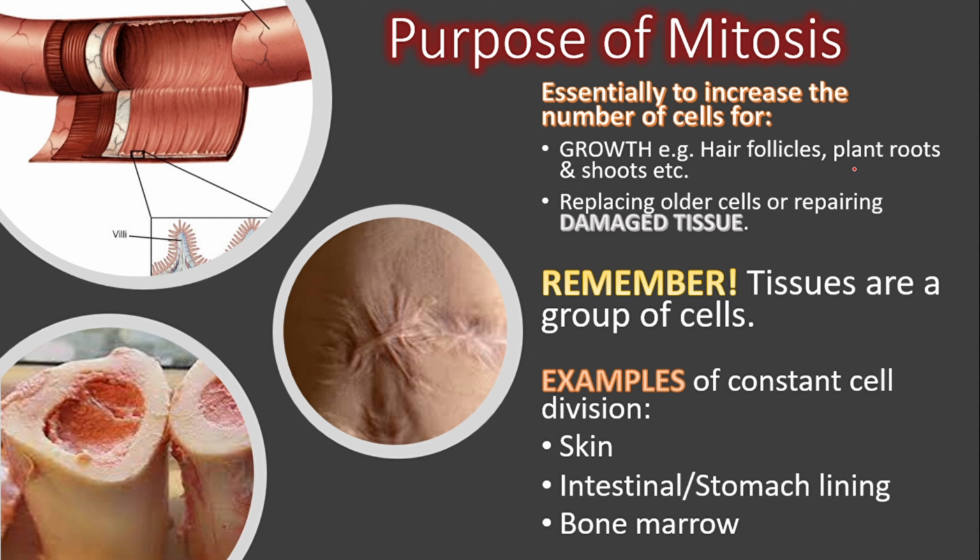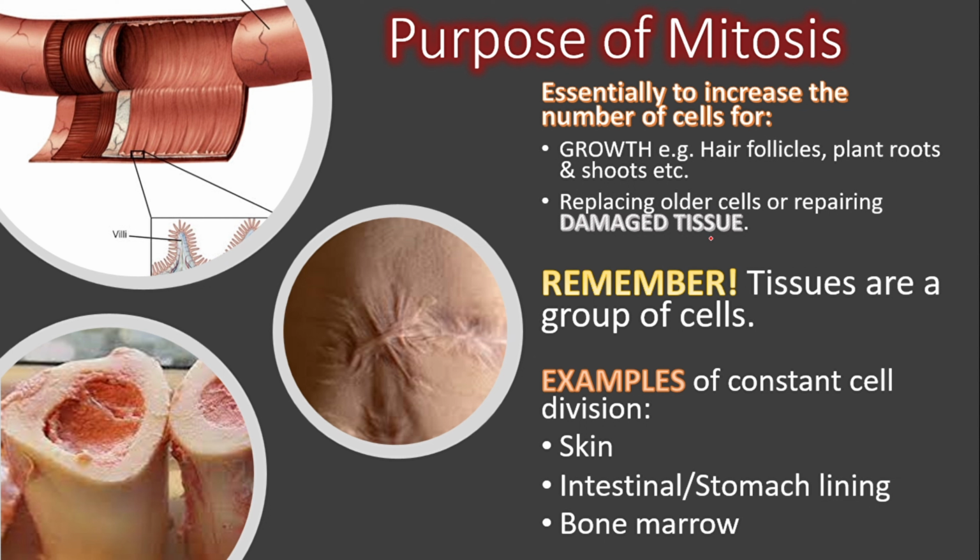Roots that extend into the ground and grow very long are a result of mitosis, as well as the shoots of any plants. They also undergo mitosis, and they are able to replace cells or repair damaged tissue.